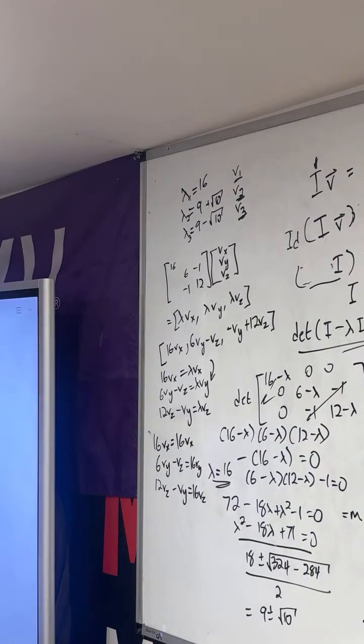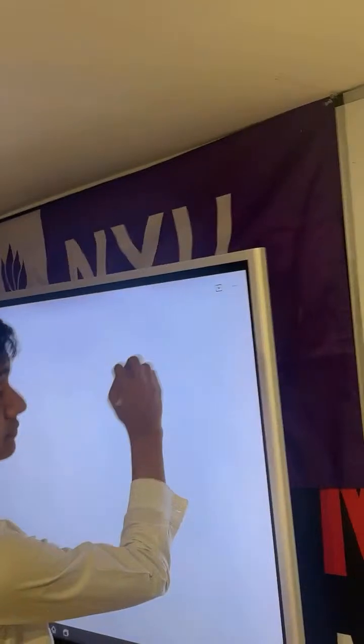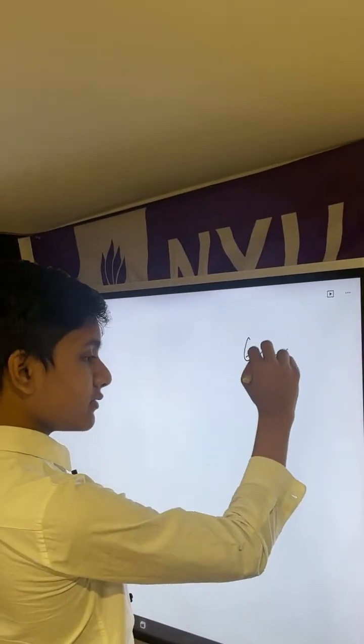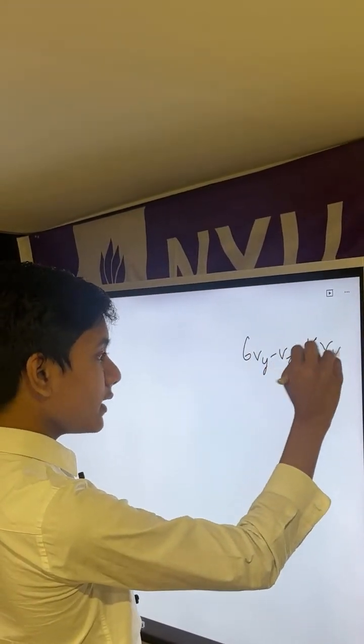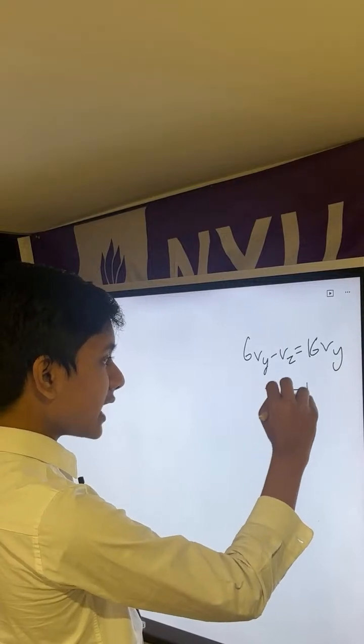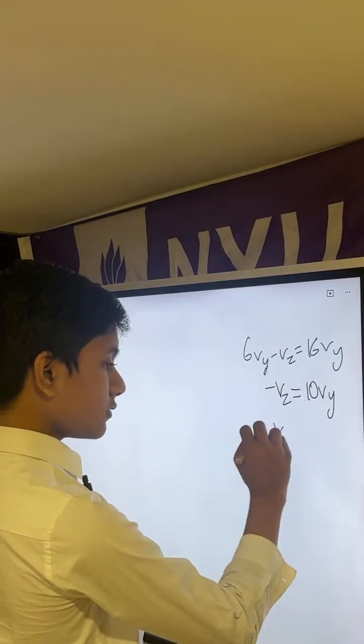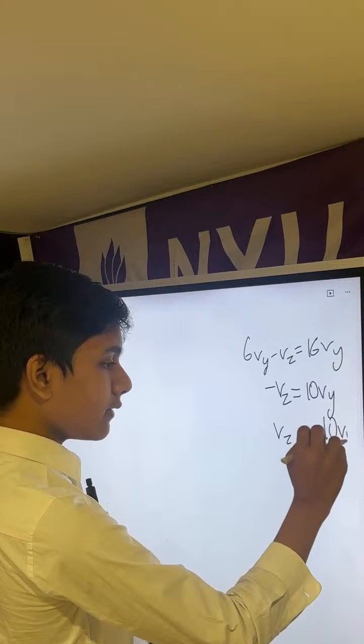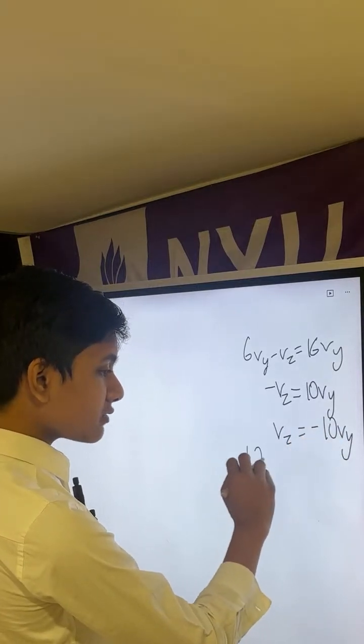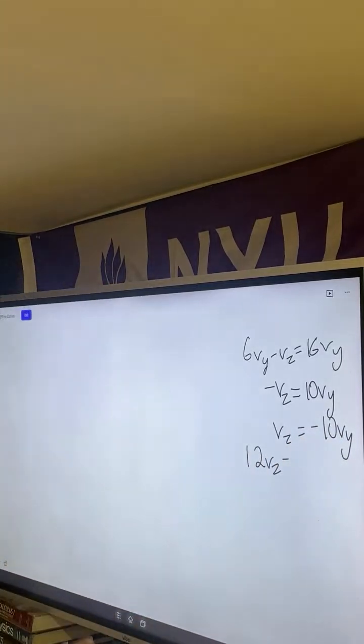From there, it's pretty easy to see that 6 vy minus vz is 16 vy, hence minus vz is 10 vy, so vz is minus 10 vy, and 12 vz, wait a sec.